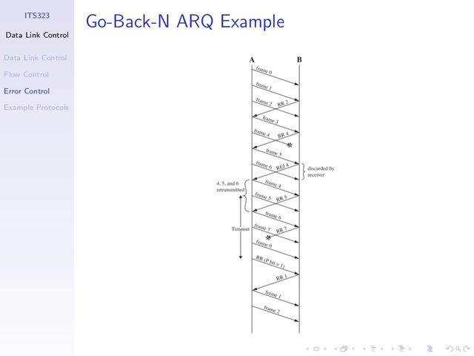When we receive that ACK, we know which frames have been received. If this was receive ready 6, it acknowledges frame 5. If it was receive ready 0, it acknowledges frames 5, 6 and 7. If it's receive ready 1, it acknowledges frames 5, 6, 7 and 0. And then we can move on to frame 1, 2 and keep going.